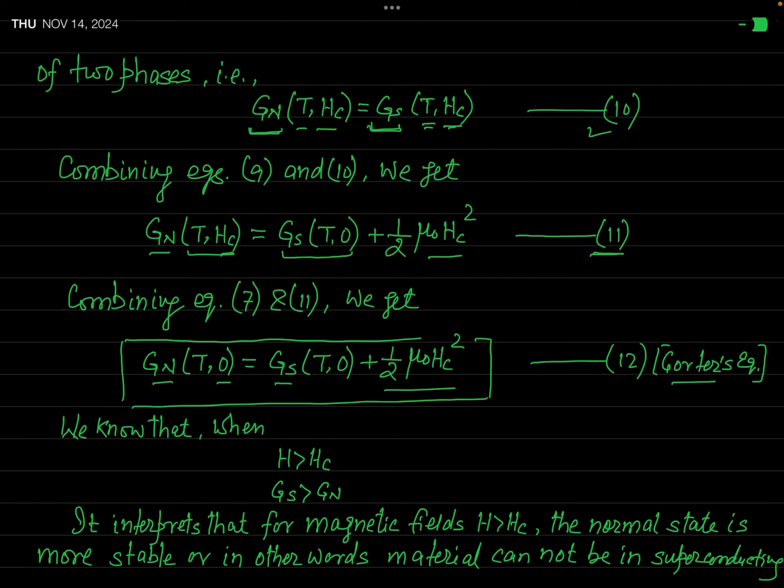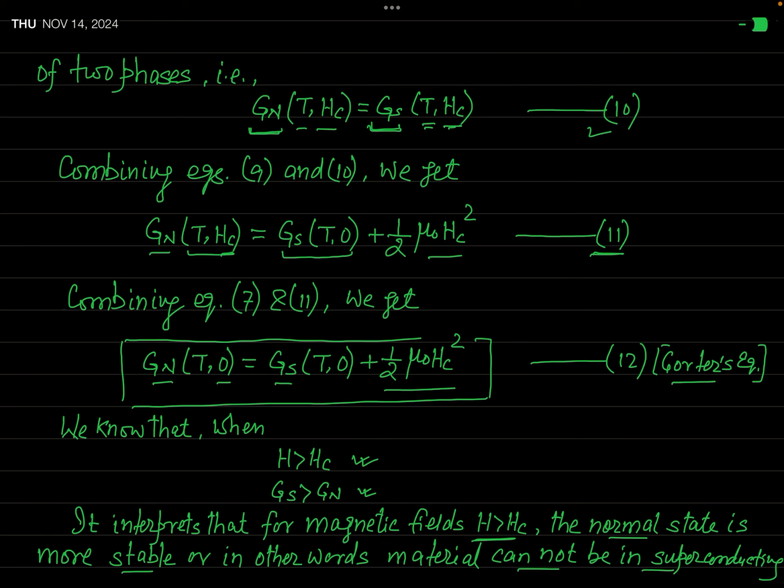This is our aim. But before that, when H is greater than Hc, then Gs is greater than Gn, where Gs is the Gibbs potential for the superconducting state and Gn is the Gibbs potential for the normal state. So it implies that for the magnetic field H greater than Hc, the normal state is more stable, or in other words, the material cannot be in the superconducting state.